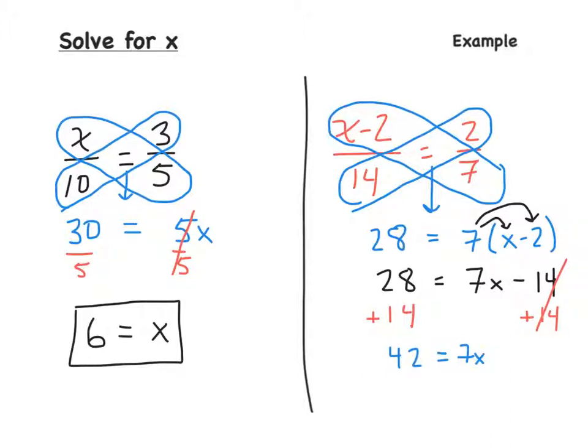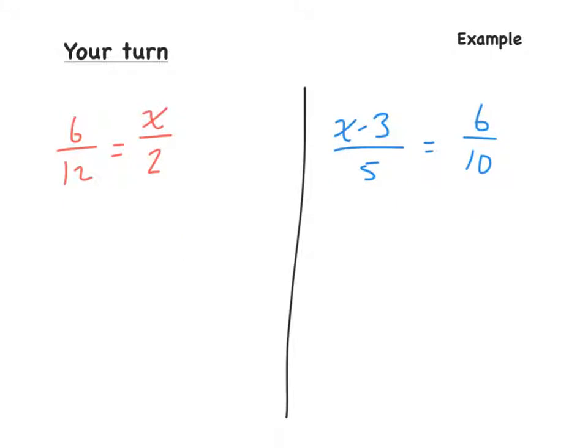So 42 is equal to 7x. So 7 times what is equal to 42? In this case, we could divide by 7. And those cancel out. So 6 is equal to x, when we have 42 divided by 7. So now I want you to try.